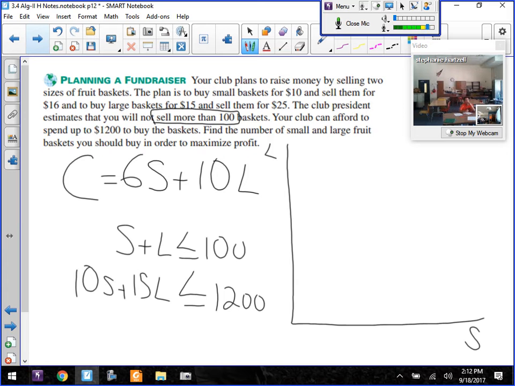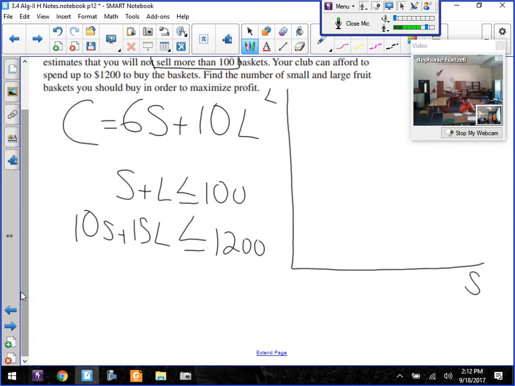Can I sell negative fruit baskets? That means this is a first quadrant problem. I can't make negative, right? So this has to be greater than or equal to 0. And that's how we set this up. By reading into it carefully, it's very easy to pull apart what you're looking for.